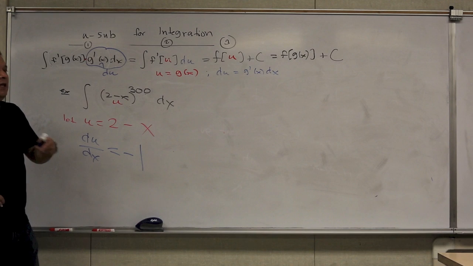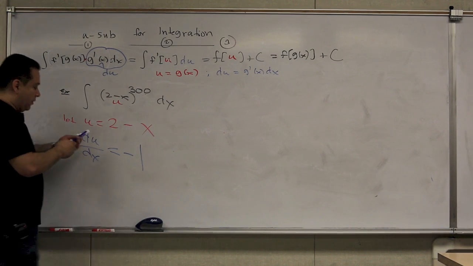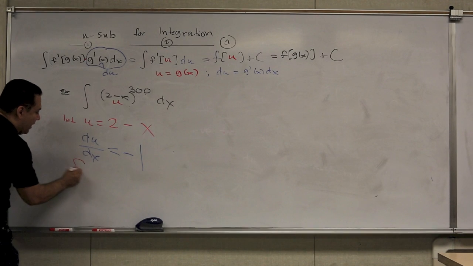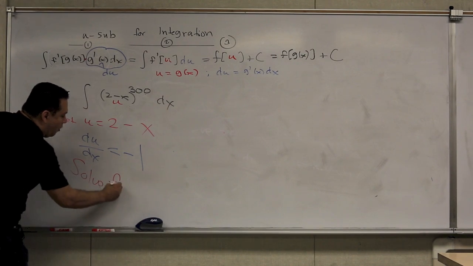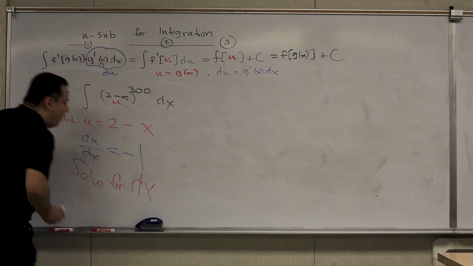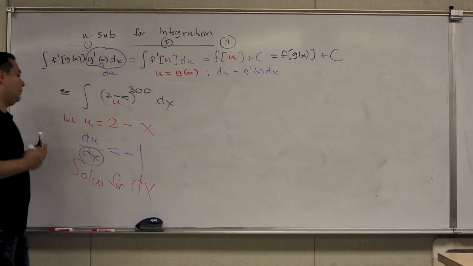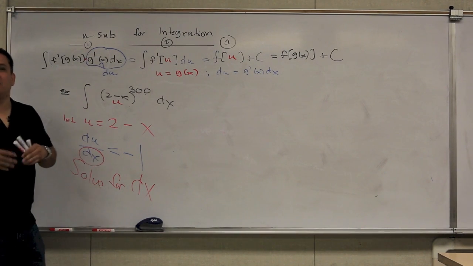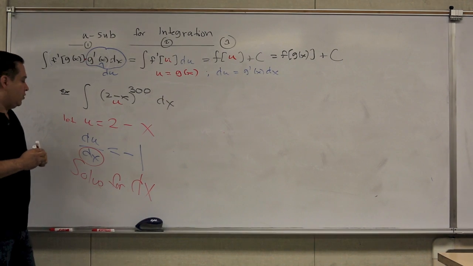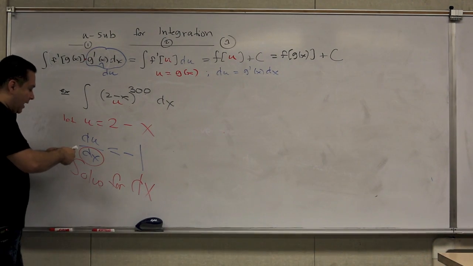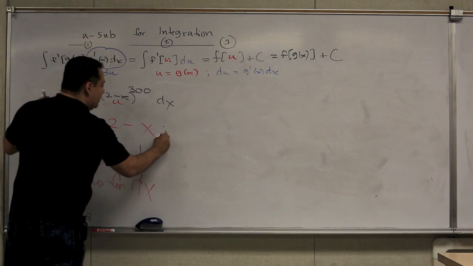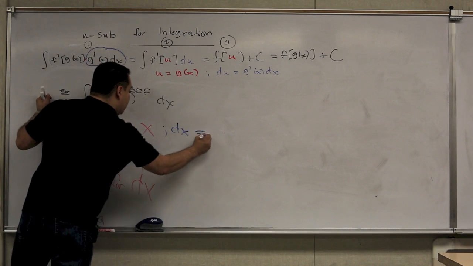What happens now? Do you solve for du or do you solve for what? I'm going to put it in red. Solve always again for dx, not du. I'm going to solve for this. This is going to make everything turn out nice. So if I solve for dx, you guys know what that gives me?